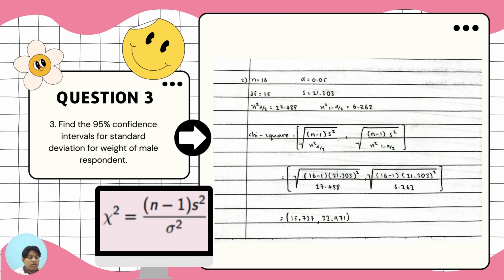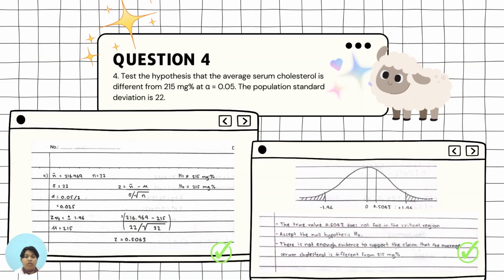So for the chi-square of alpha over 2 equal to 27.488, and chi-square 1 minus alpha over 2 equal to 6.262 from the table. So we're using chi-square table. So when we put into the formula, we get the answer of 15.737 and 32.971. So let's go on to question number 4.